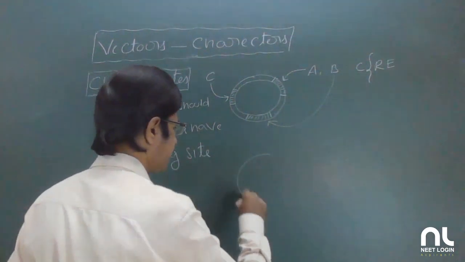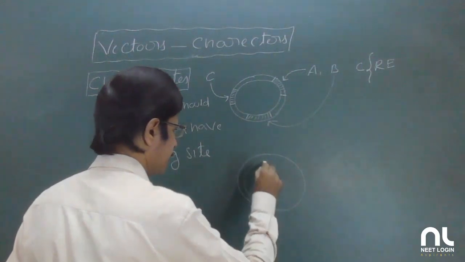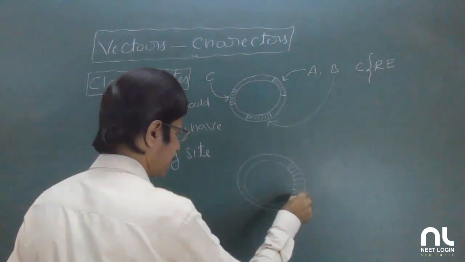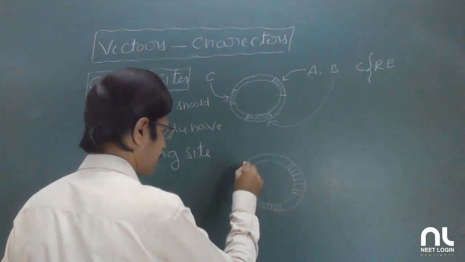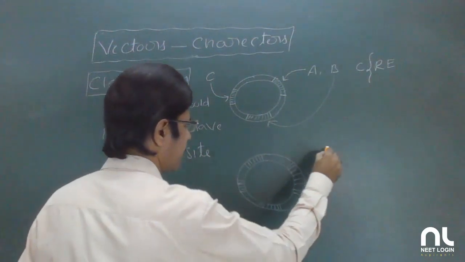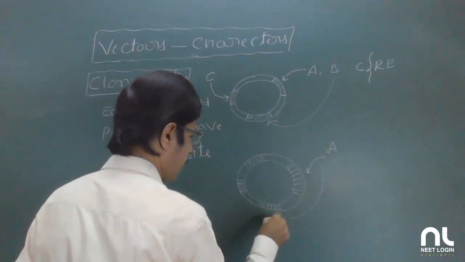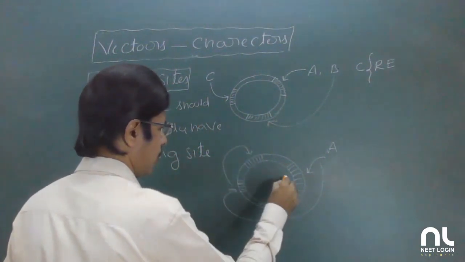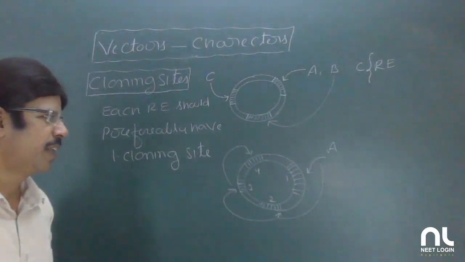Suppose A itself is going to have 1, 2, 3, 4 points.